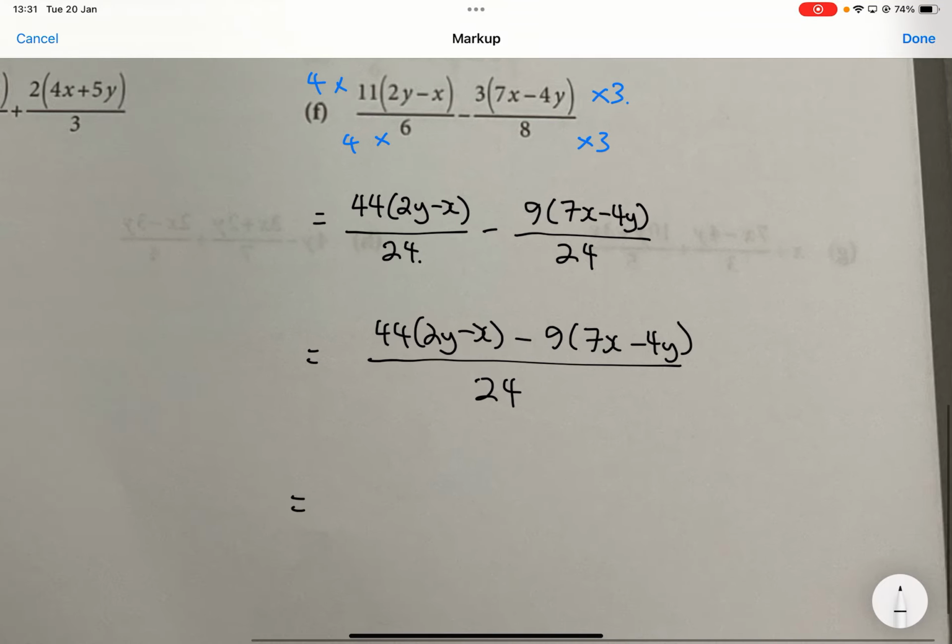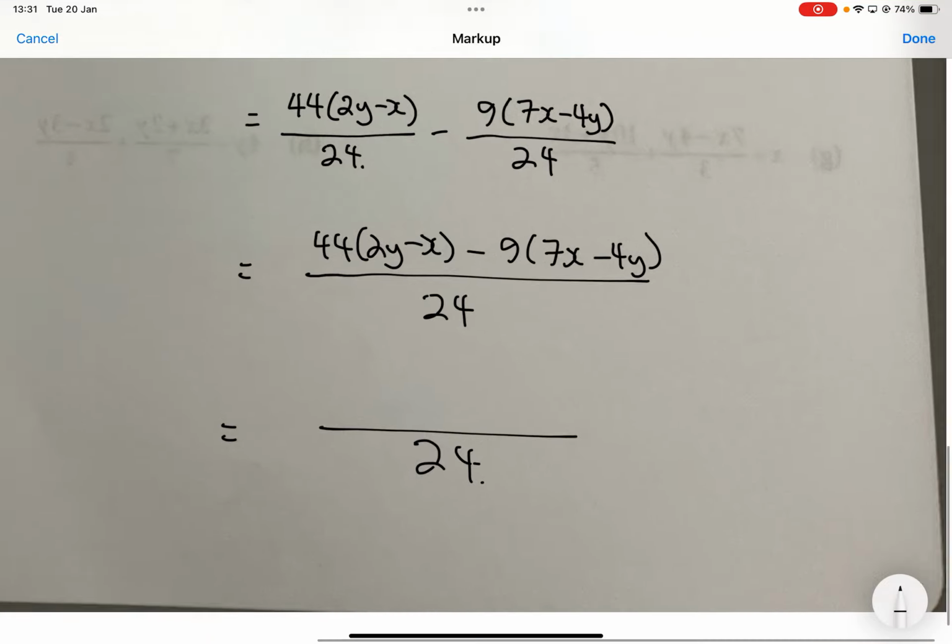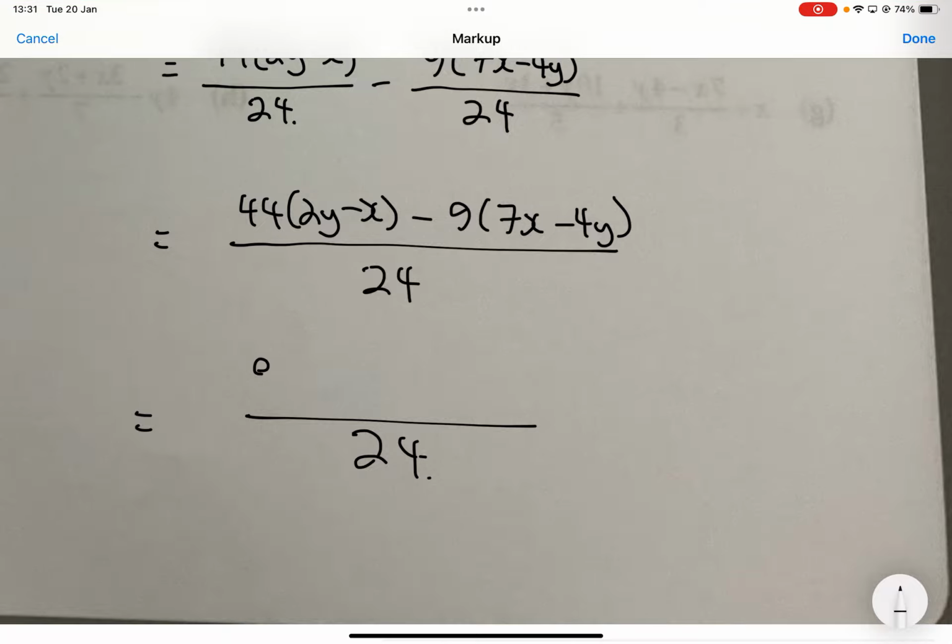Then I do my expansion. 44 times 2y, 88y. 44 times negative x, minus 44x. Then the difficulty come. Minus 9 times bracket.